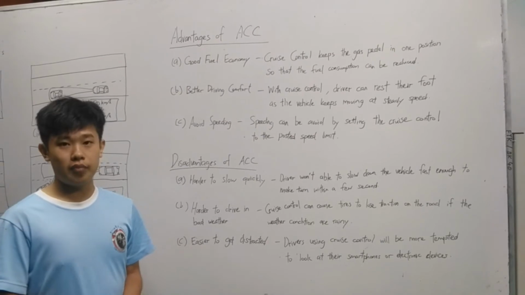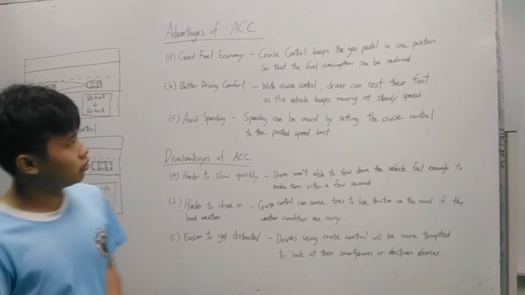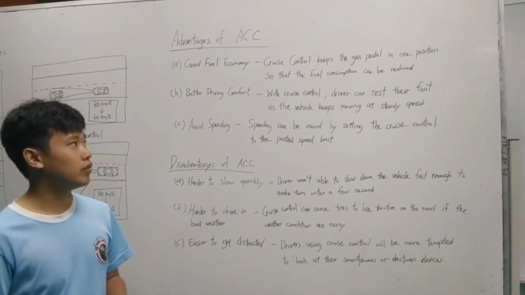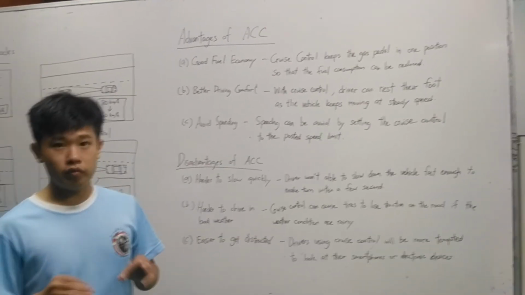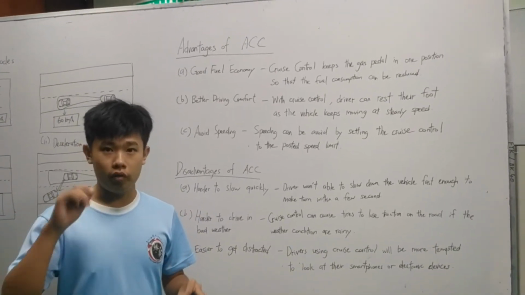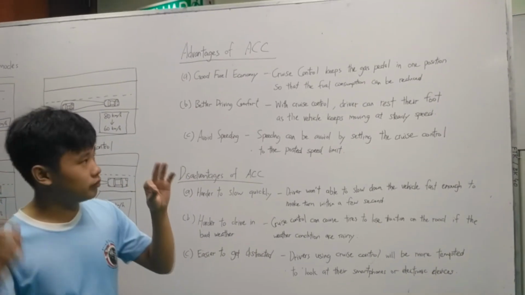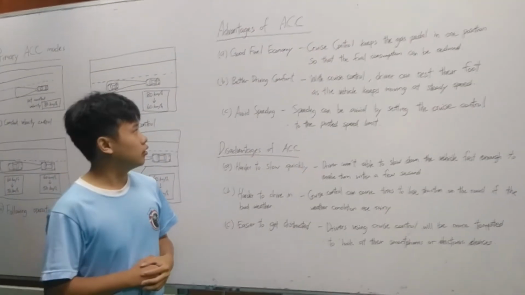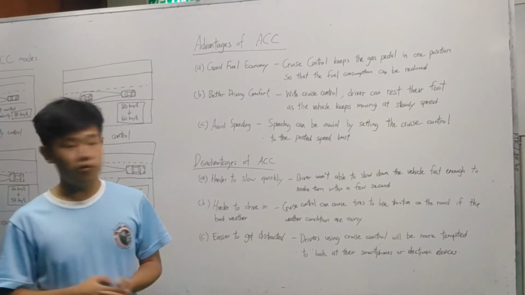The advantage of adaptive cruise control is good fuel economy. Cruise control can keep the gas pedal in one position so that the fuel consumption can be reduced, because if the vehicle moves at constant velocity, the fuel consumption will be very accurate and constant. The next advantage is it will promote better driving comfort.